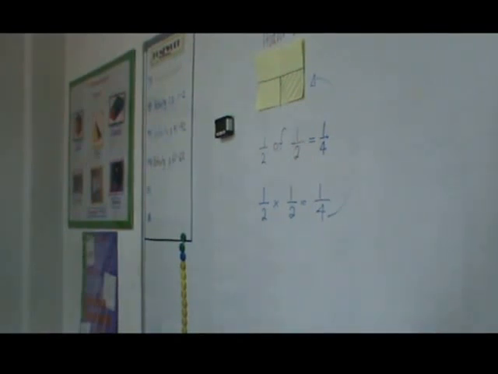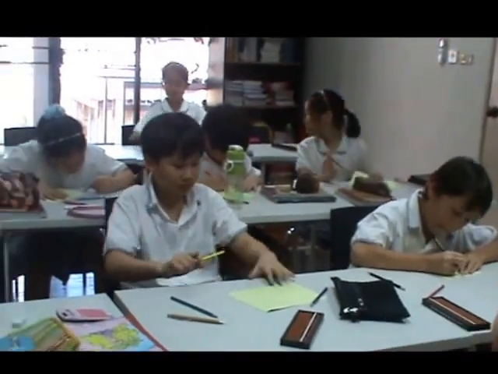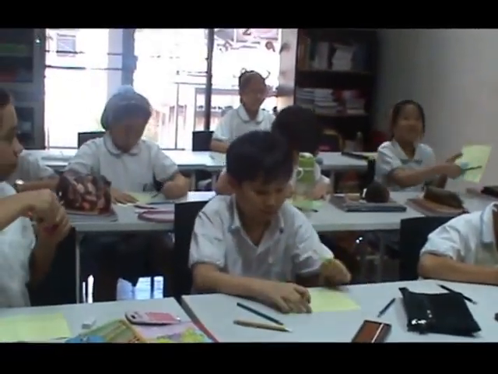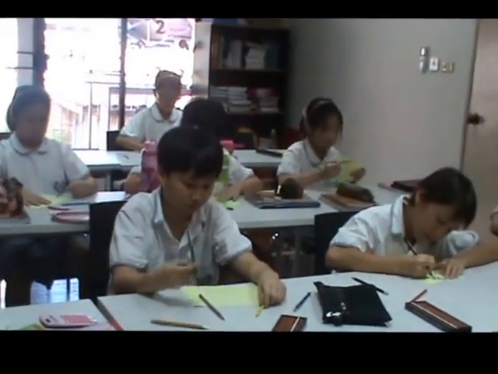You don't really need to make it detailed, just shade it. Shade the 3/4. That's okay. What does 3/4 mean? Just shade it. It's okay if you want to use this one.